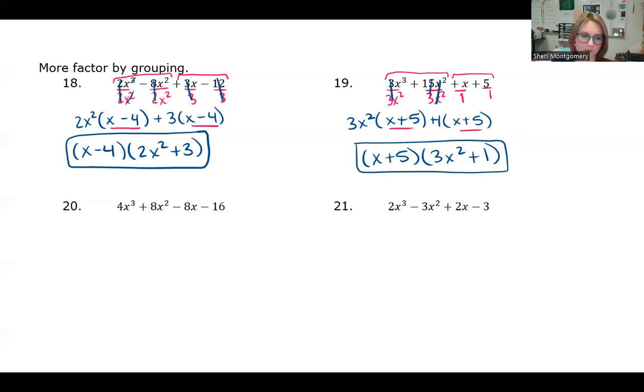Question 20. Take out a 4. What do you think we should do for question 20? No, you can divide them by 2. I know, by 4. You can actually divide everything by 4. He's right. And so I'm going to pull that out front.